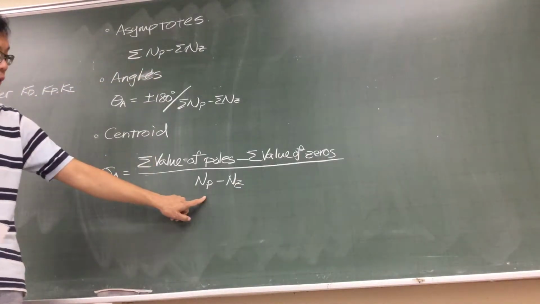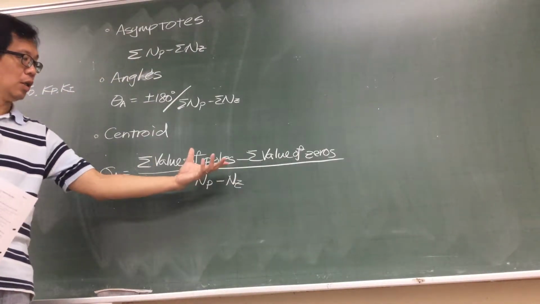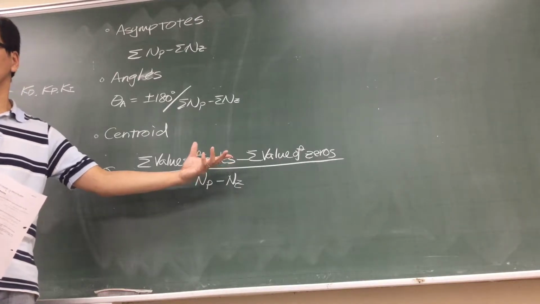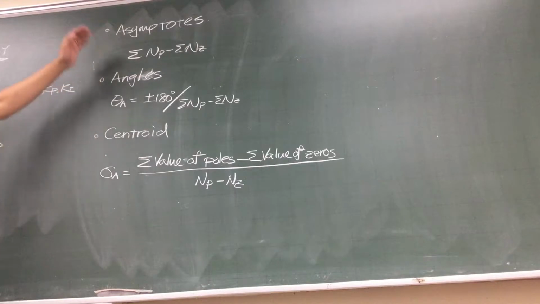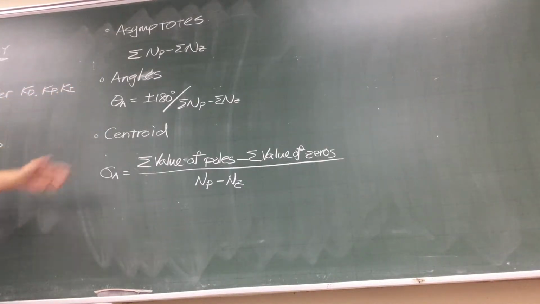Okay, so how many poles minus how many zeros, and the position is going to be a centroid, a one-dimensional centroid. So this is something we're going to have for asymptotes, angles, and centroid.